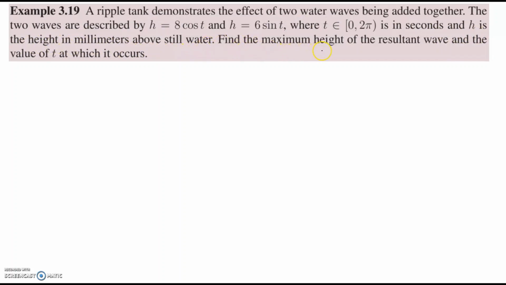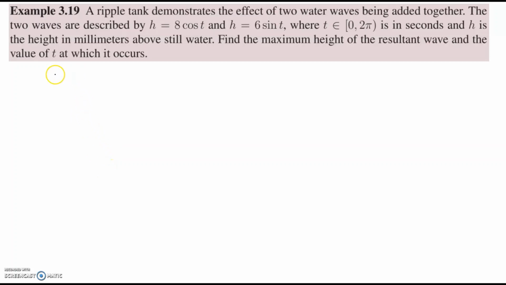Find the maximum height of the resultant wave and the value of t at which it occurs. So you must be familiar with the ripple tank experiment, which is done in the physics lab. You use this experiment to see the property of the wave which it forms.